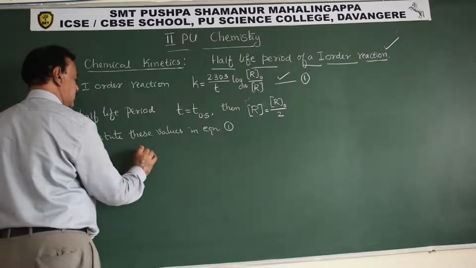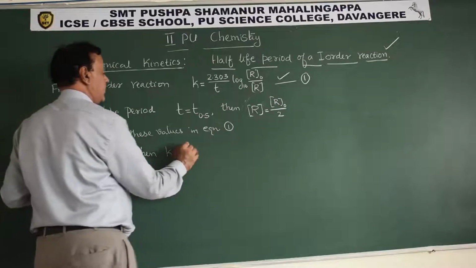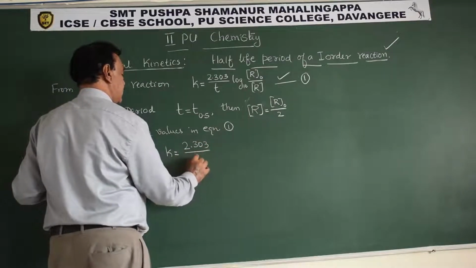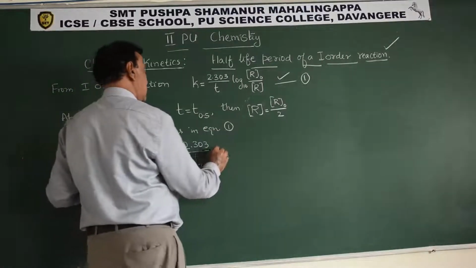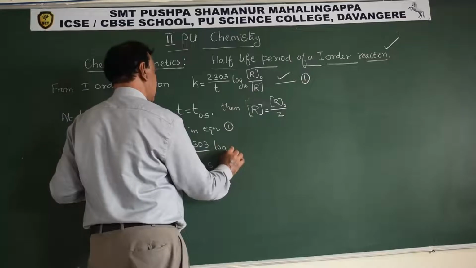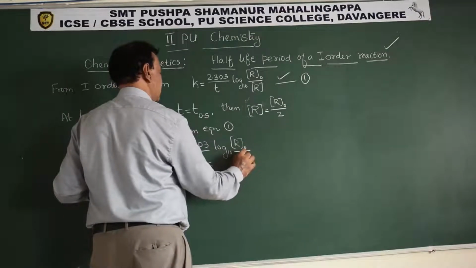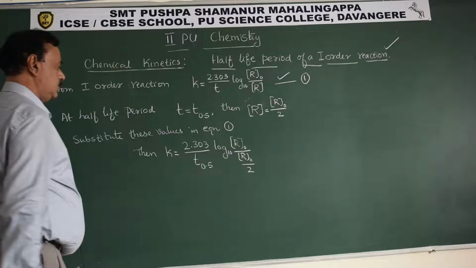Then K is equal to 2.303 divided by T 0.5 log base 10 of R naught divided by R naught by 2.